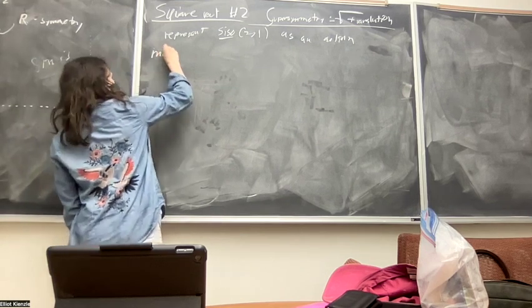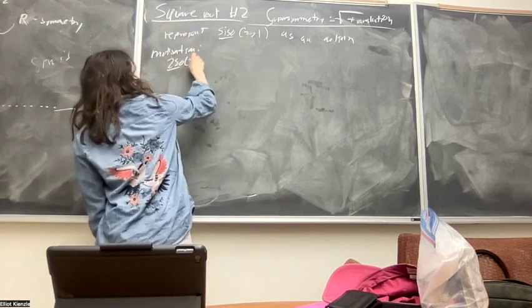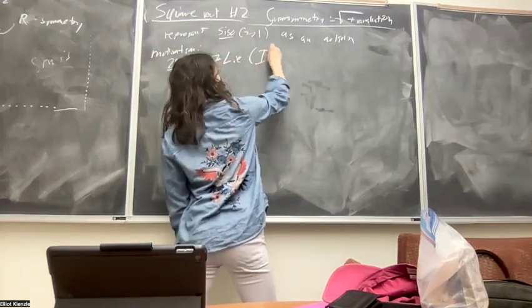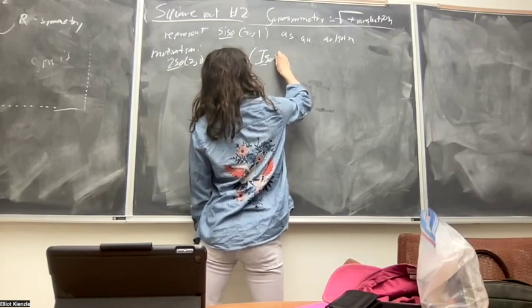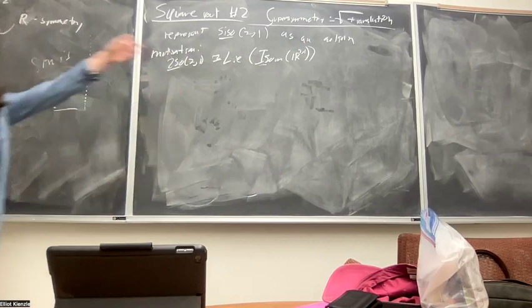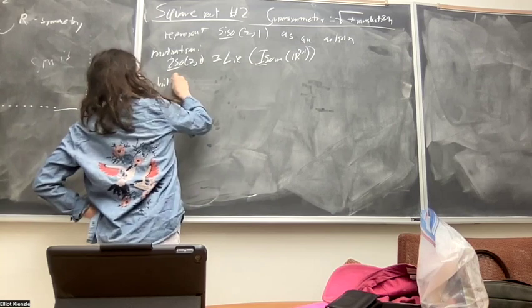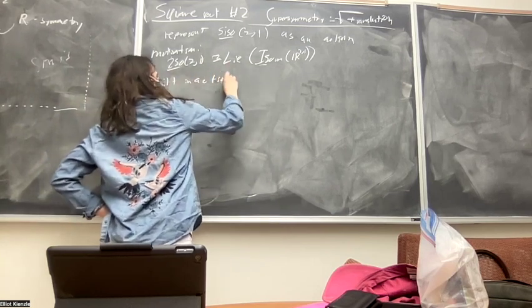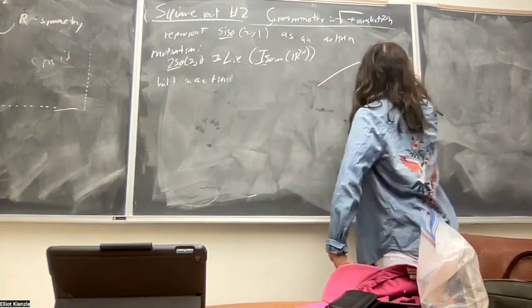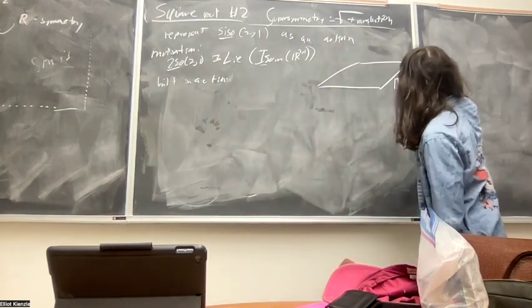So, motivation. The isometry group 2.1 is isomorphic to the Lie algebra of isometries on R2.1, which means it comes with a built-in action. The space that we're considering is this, R2.1.